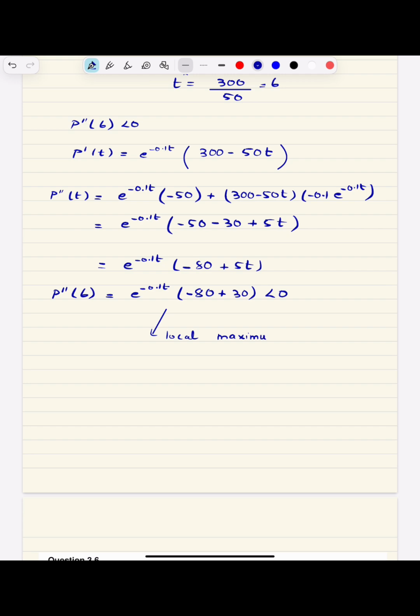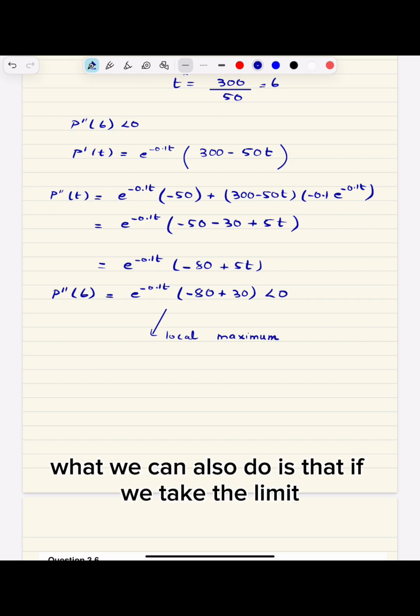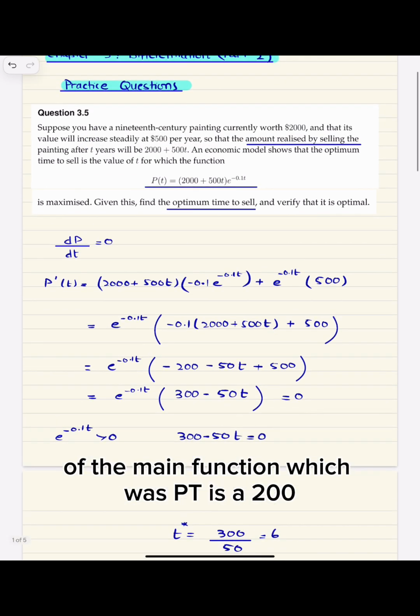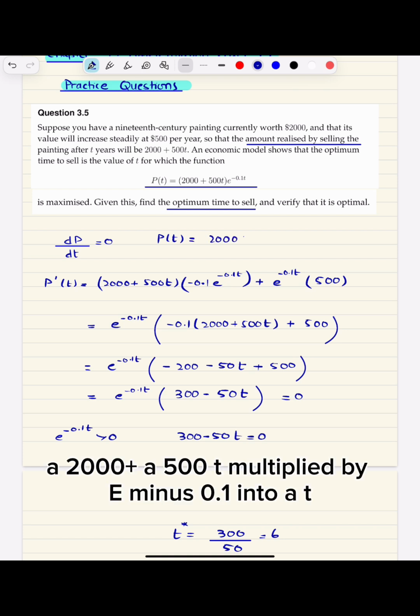maximum. And actually what we can also do is take the limit of the main function, which was P(t) is 2000 plus 500t multiplied by e to the minus 0.1t.